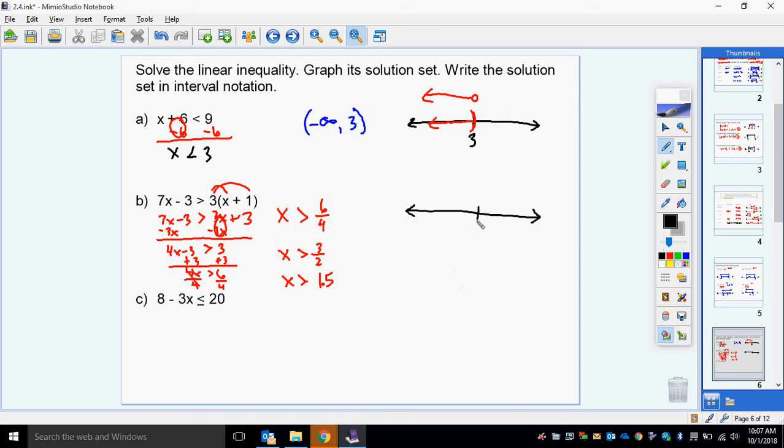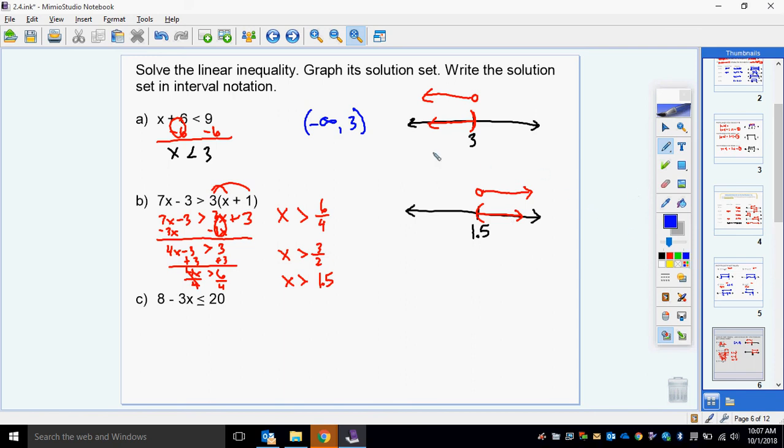So I have 1.5 here, or 3/2. And I know that my solutions are the numbers that are greater than 1.5. So those would be numbers off to the right. Greater than means I have an open circle. In other words, I could do a parenthesis. Okay.